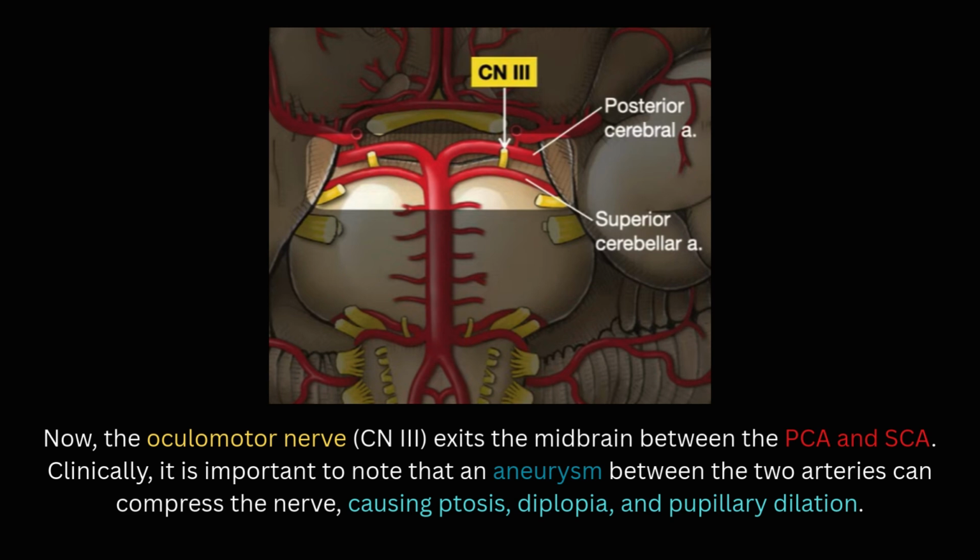Clinically, it's important to note that if you have an aneurysm between the posterior cerebral artery and superior cerebellar artery, this can be quite dangerous because it can compress the nerve itself, causing diplopia, double vision, and pupil dilation as well. So remember, the oculomotor nerve, cranial nerve number 3, controls most of the eye muscle movements, such as pupil constriction and pupil dilation, as well as eyelid lifting too.